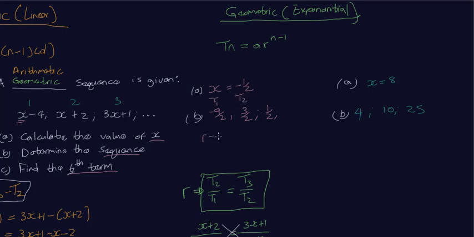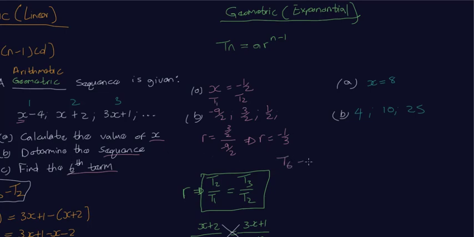So r equals 3 over 2 divided by minus 9 over 2. So our r is minus 1 over 3.